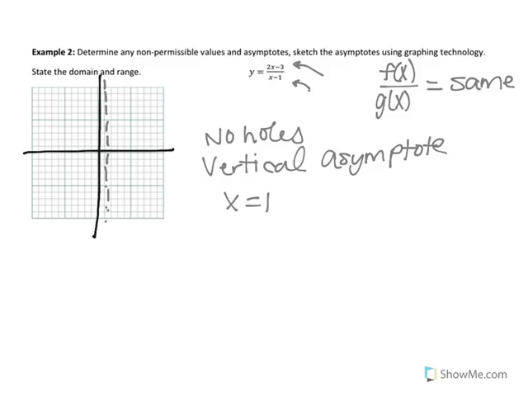So what you should have gotten on Desmos is a graph that looks like there's an asymptote at 2. And the graph goes up like this, and down like this. So we have a horizontal asymptote at 2.